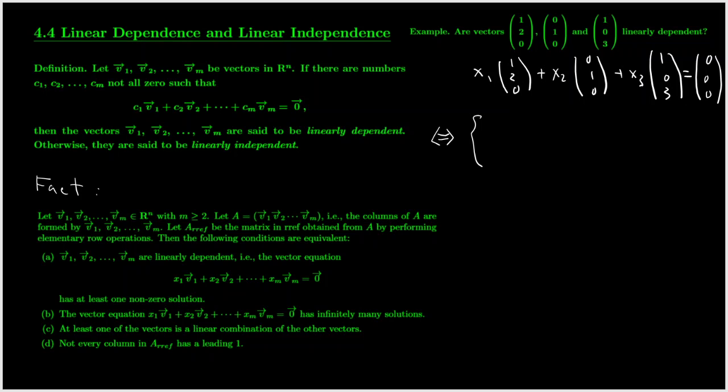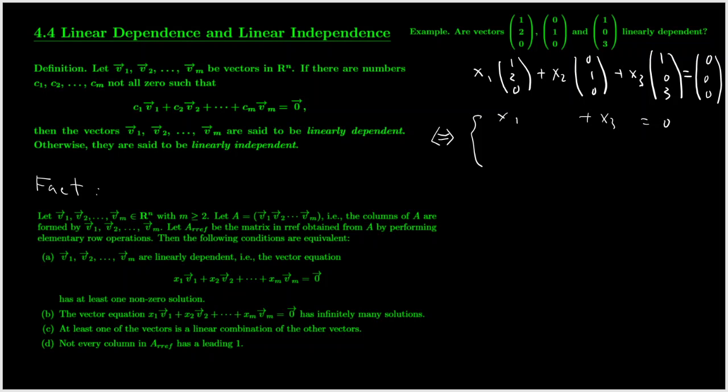The first component determines the first equation, which is x1, and then plus 0 times x2, I do not write that term, and then plus x3 equals 0.